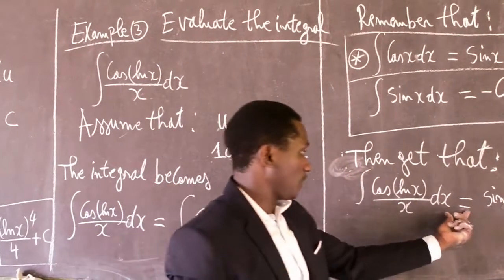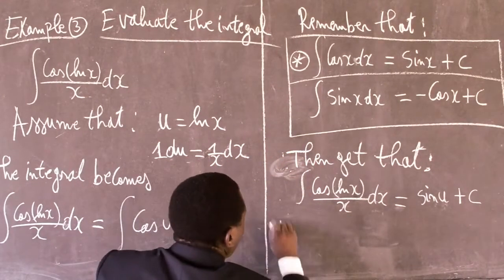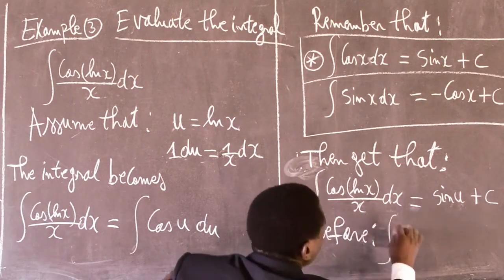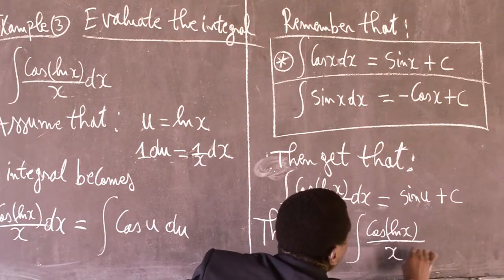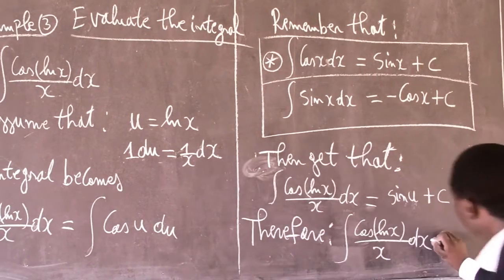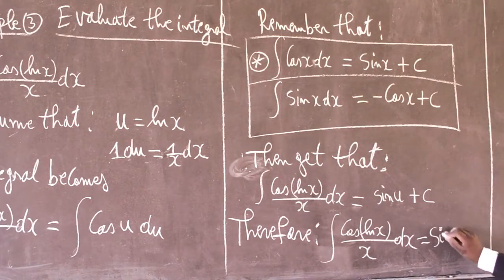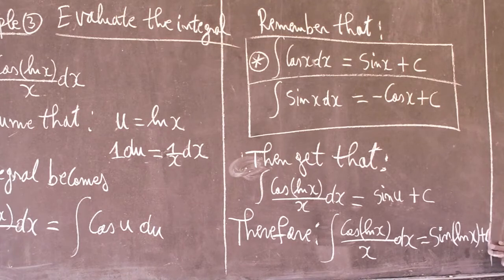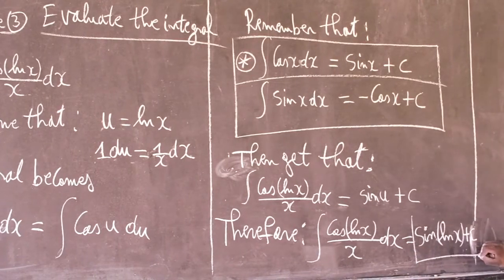As u equals ln x, replace u by its value. Therefore, the integration of cosine ln x over x dx is equal to sine ln x plus c. C is an arbitrary constant, so this is our final answer.